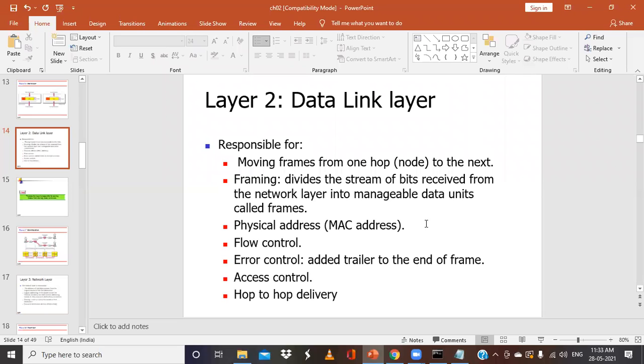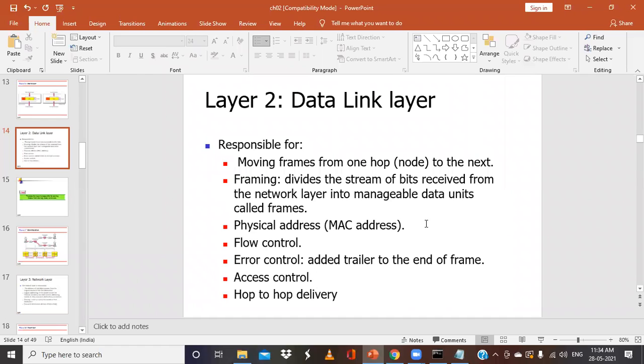There are protocols, fine, but basically flow control is all about how synchronized the source machine and the destination machine are. For example, if the receiver's capacity is that it can accept 5 frames per second, then the sender should also send only 5 frames per second.